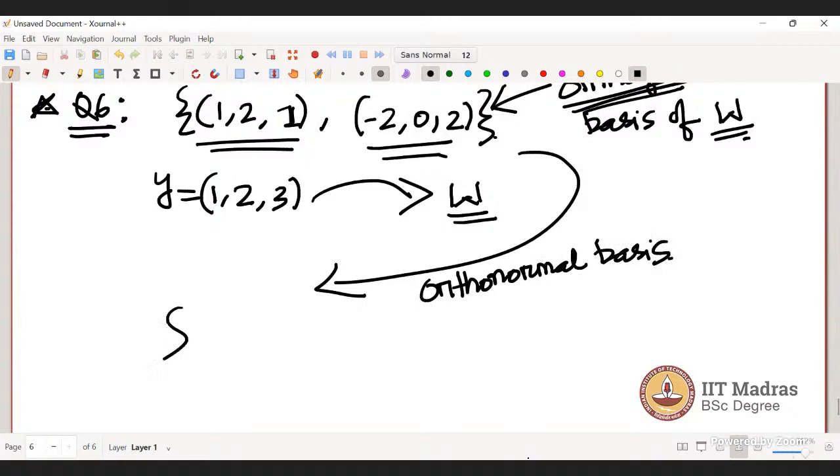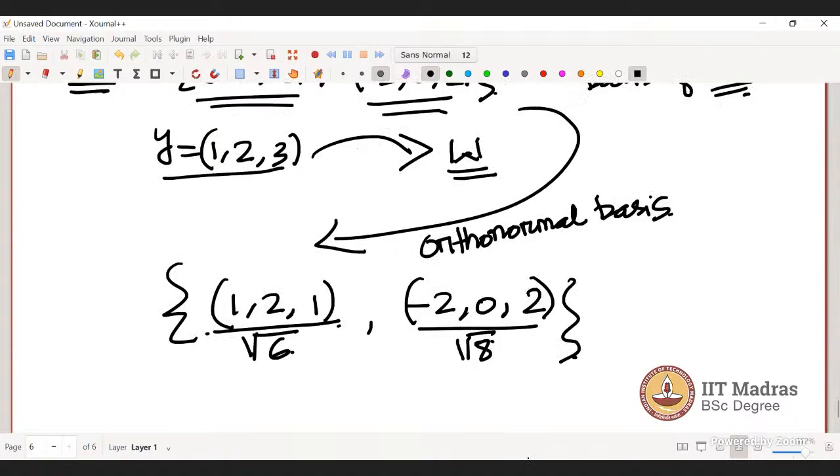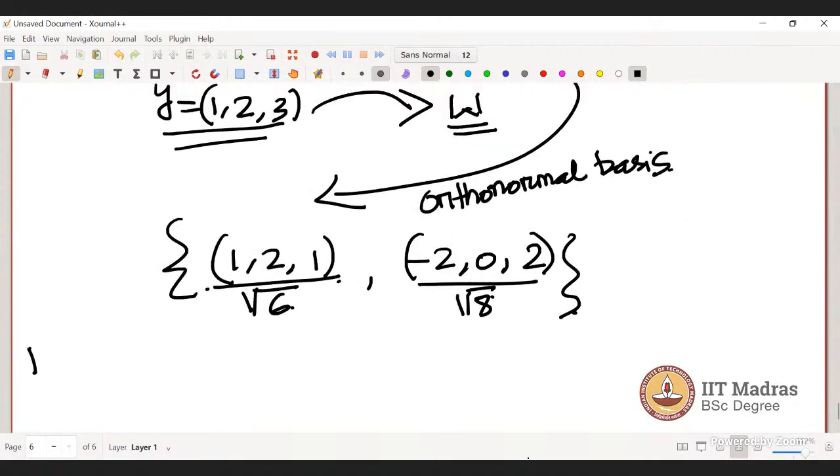So if I divide by the norm, I get (1, 2, 1) divided by root 6, and (-2, 0, 2) divided by square root of 8. This is an orthonormal basis for W, and I need to find the projection of this vector on W, using the same formula.